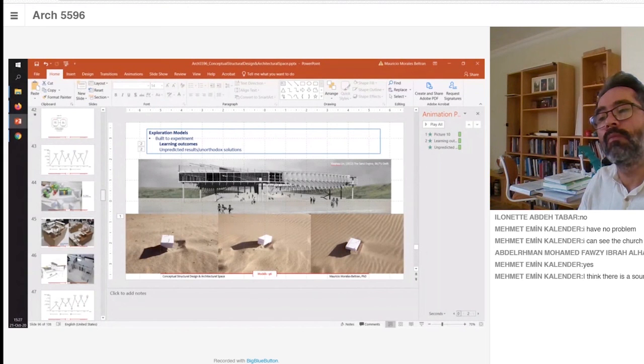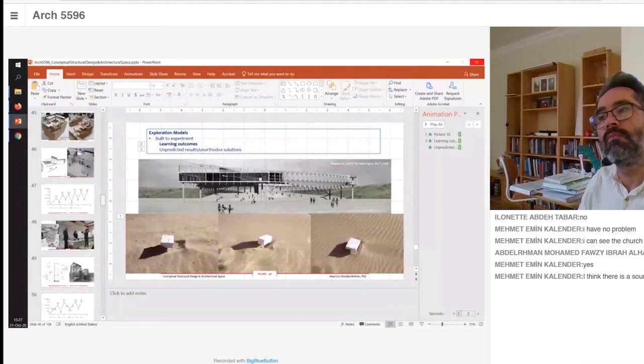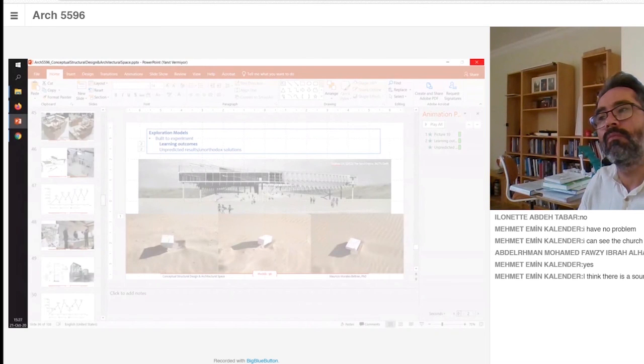Because I really like the sawtooth, up and down. It would help us. What do you think?